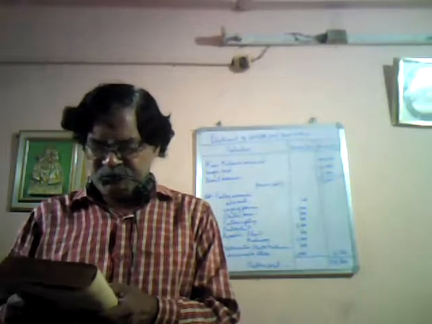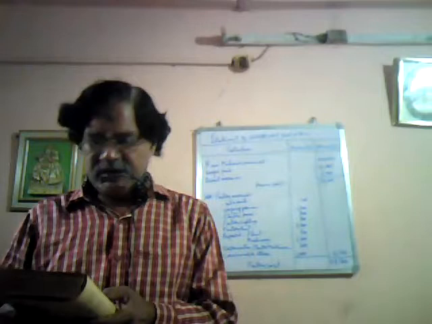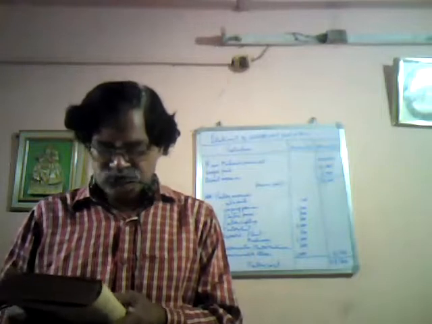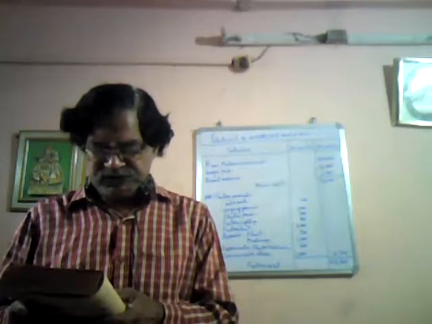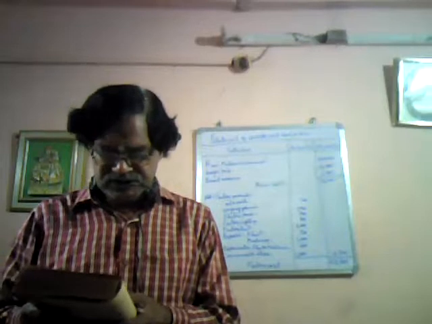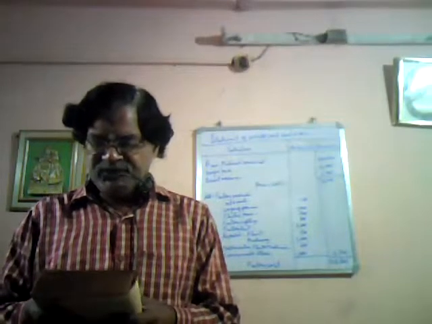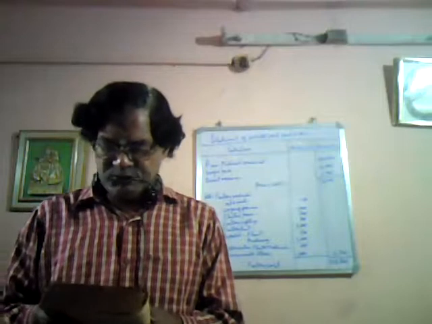Office lighting 200 rupees in the inner column. Next, office rent 1000 rupees in the inner column. Next, repairs of office premises 200 rupees in the inner column. Next, depreciation office premises 500 rupees.